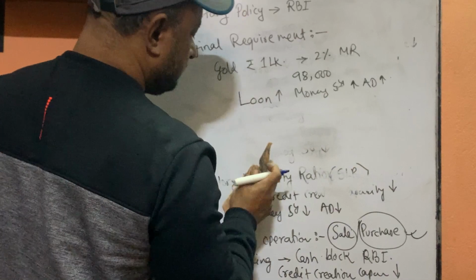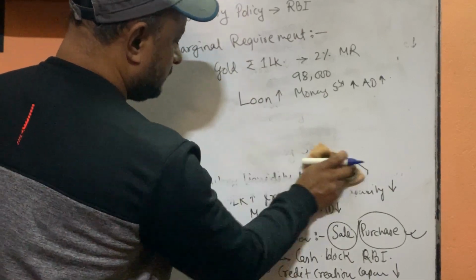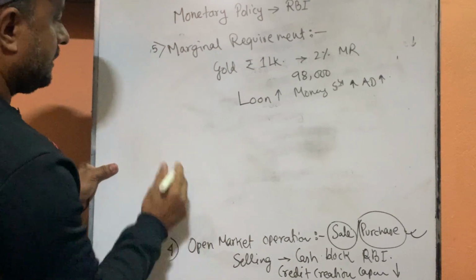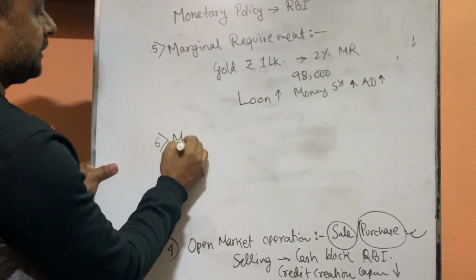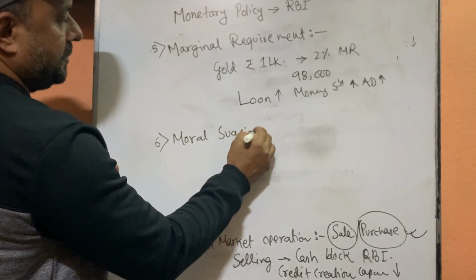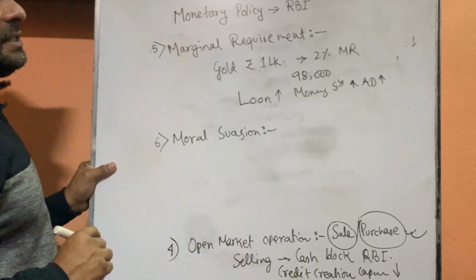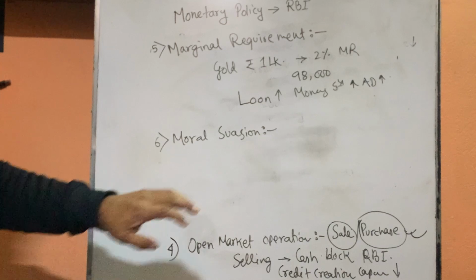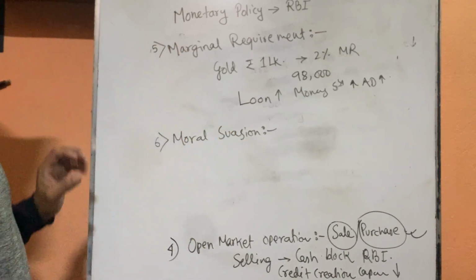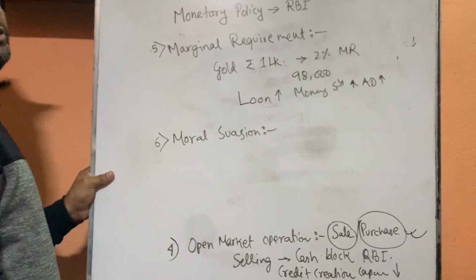Last one is moral suasion. Moral suasion is nothing but the guidelines, rules and regulations which the central bank imposes on the commercial banks, and commercial banks have to follow the guidelines.